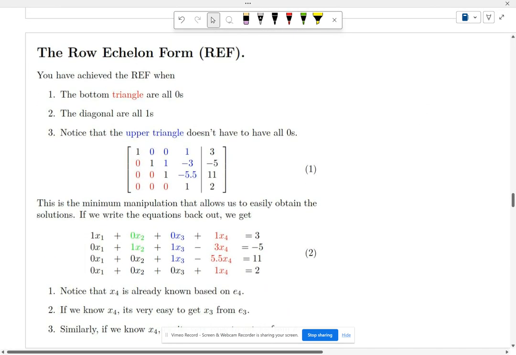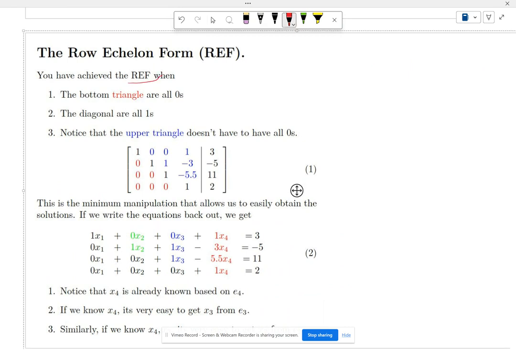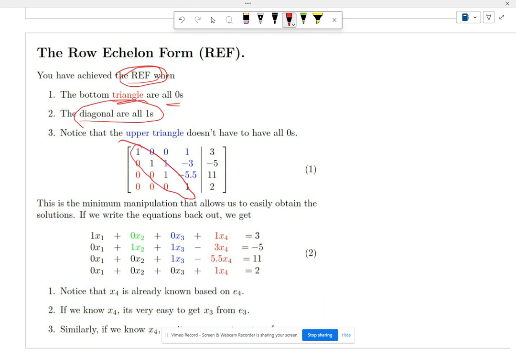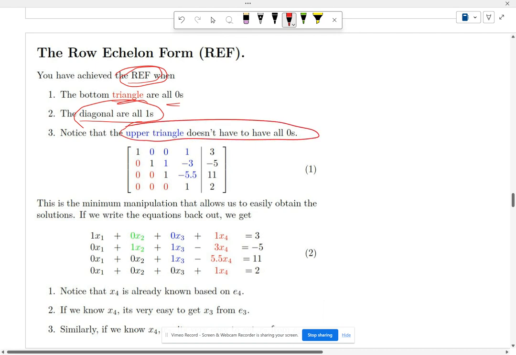So how is that the case? You have reached the echelon form if the bottom triangles are all 0 and the diagonals are all 1s. Notice that the upper triangle doesn't have to be all zeros, but this is enough for you to get x1, x2, x3, x4.